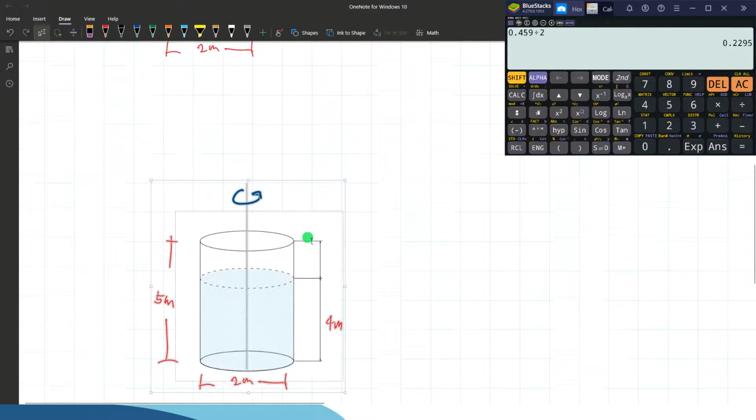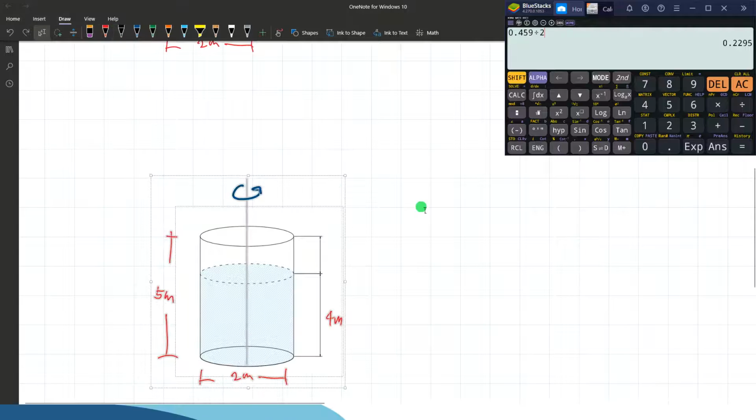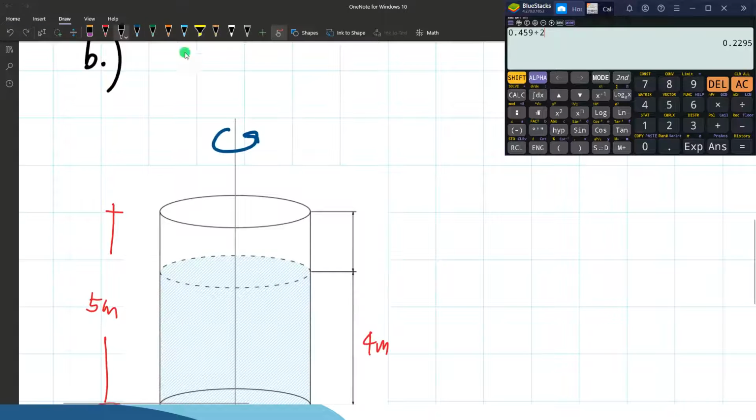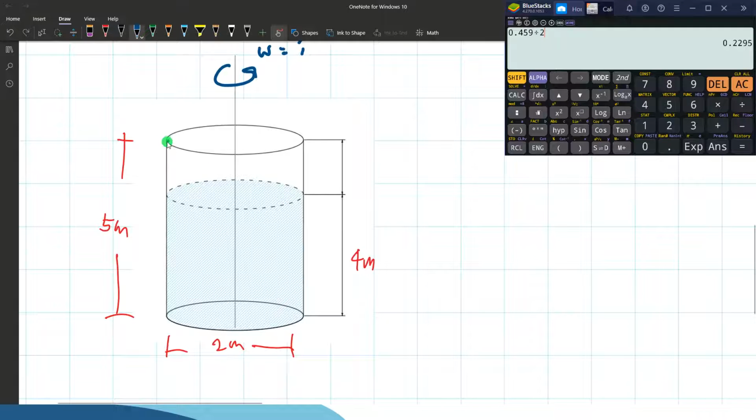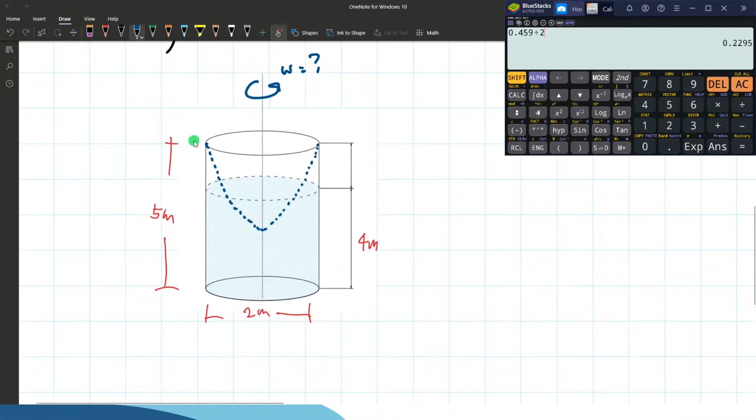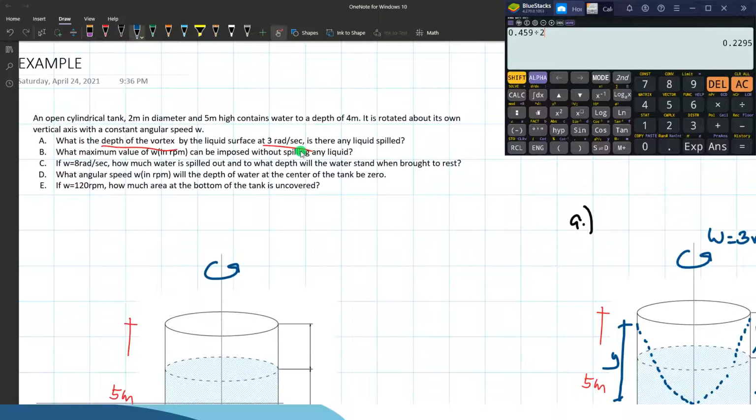For letter B, the goal here is to determine the W in order for us to have a vortex that will end on the rim without spilling any liquid. So the liquid surface will just touch the rim, without spilling any liquid.